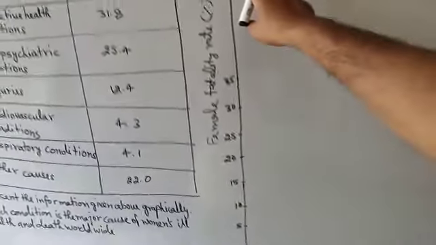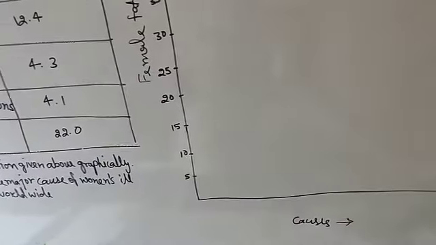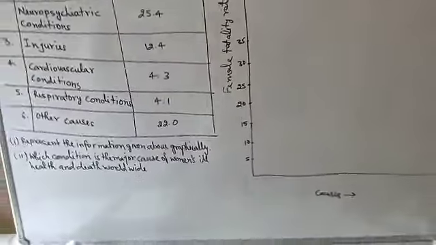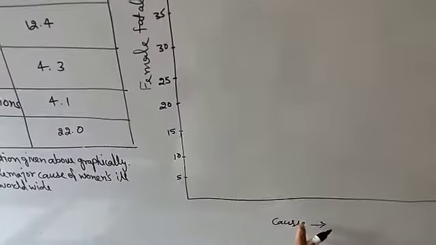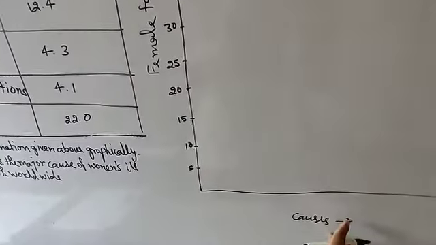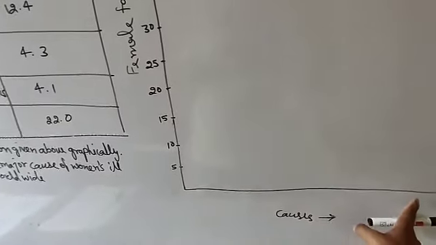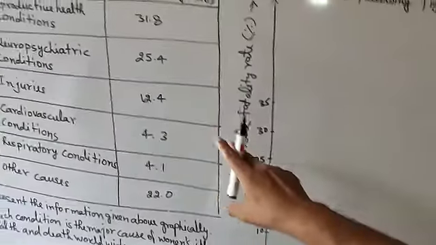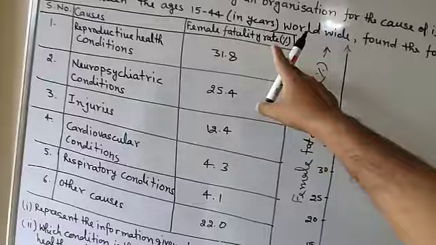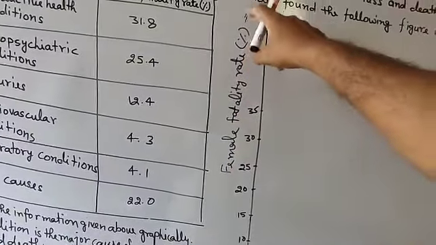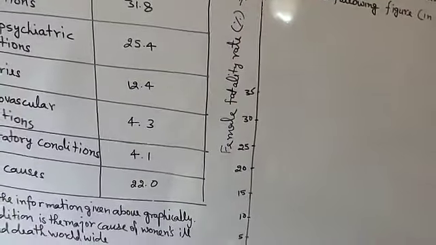Here I have drawn, it is the y-axis and here it is the x-axis. Here you will represent the causes on the x-axis, and on the y-axis the female fatality rate in percentage is represented.